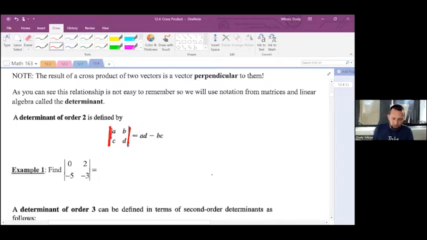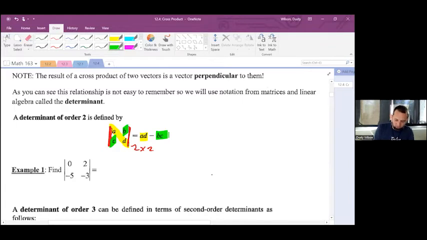The 2x2 determinant, that would be 2 rows, 2 columns, is defined by the product of the entries on the diagonal, AD, and then we subtract the entries on the other diagonal, BC. So it's AD minus BC.